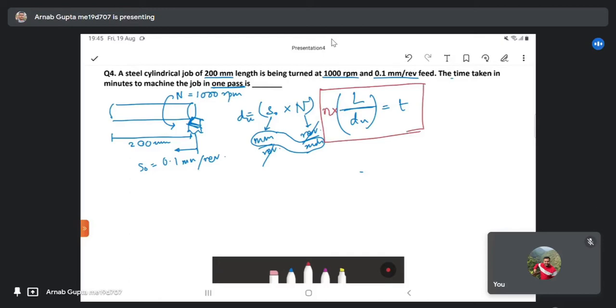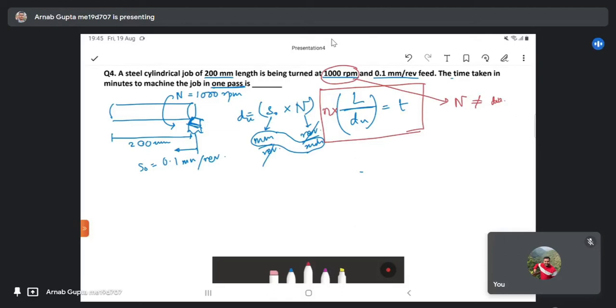Now, you need to take care of one thing here. In this particular problem, you are given the value of cutting speed as angular velocity, that is n. So n is not dependent on the diameter of the workpiece here. Suppose the motor has been given an input to rotate the spindle at a fixed rpm, say 1000 rpm.